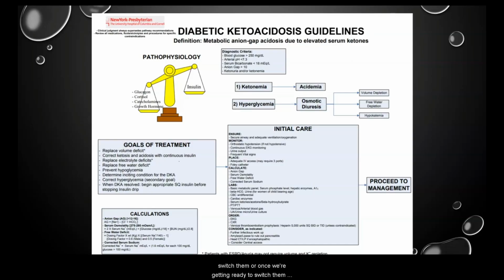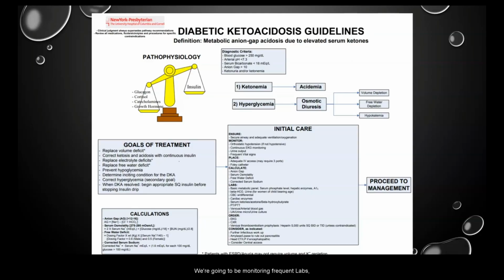So once we're getting ready to switch them from the IV insulin to the sub-Q insulin, we need to start a dextrose-containing solution. So we'll do maybe a D5 half normal saline or a D5 water, something like that, to make sure they get a little bit of sugar in their IV solution to prevent them from going hypoglycemic.